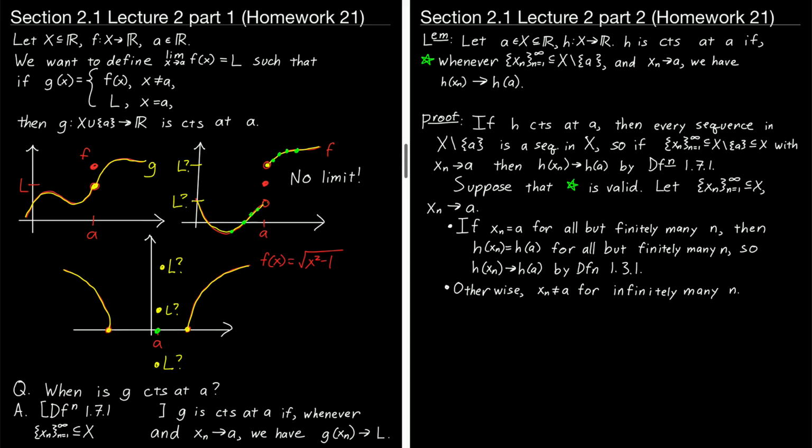And then, by our proof of exercise 1.5.1, you can get a subsequence of the xn where xn does not equal A. So you just, for example, grab all the n's where xn is not equal to A, and then as we did in the proof of exercise 1.5.1, you just let nk be a strictly increasing sequence that covers all of them.